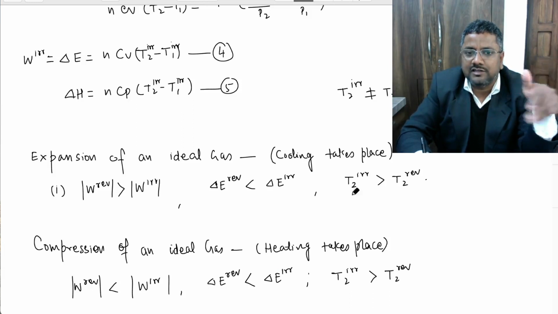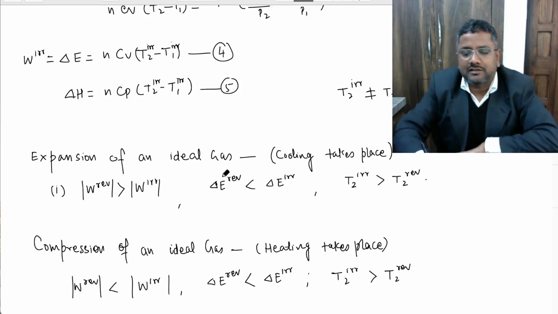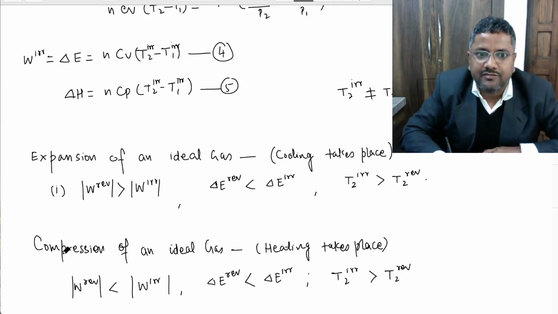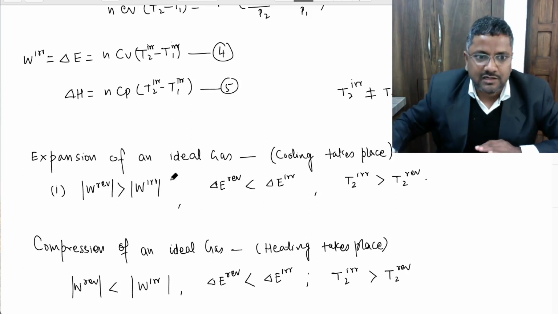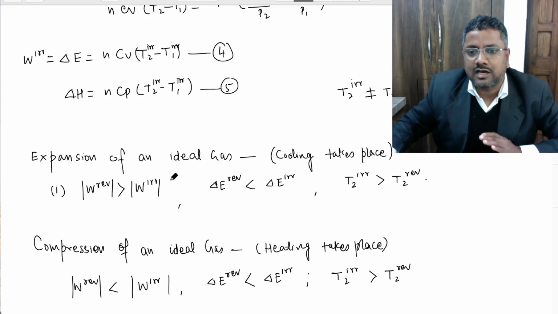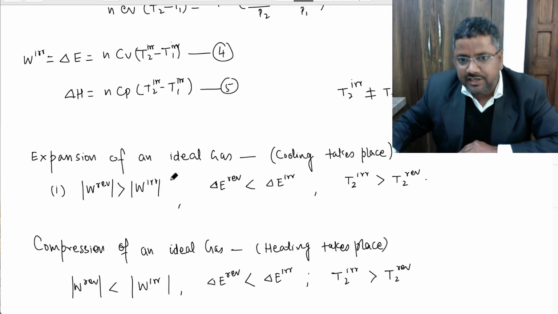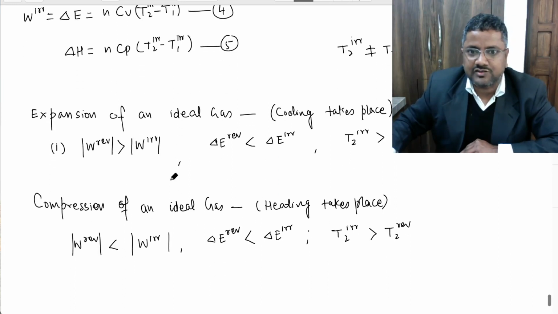So this time the internal energy change is more here, and in the other case the internal energy change is more because there is a cooling, and here this is a heating. So these two are very important generalizations, and you have to be careful whenever you are answering, whether gas expansion is taking place or compression is taking place, right?